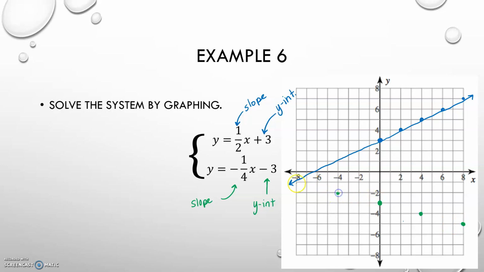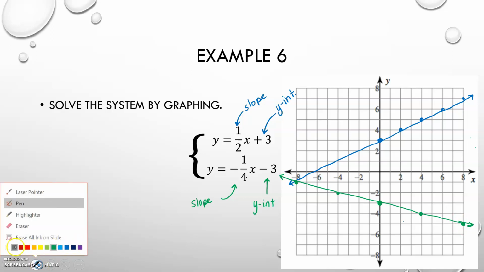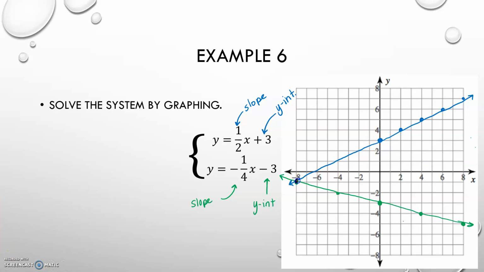But I can also go the opposite way. And when I graph these, I'm going to see where they cross. And it looks like they cross all the way over here at the point negative 8, negative 1. And so this would be my answer.